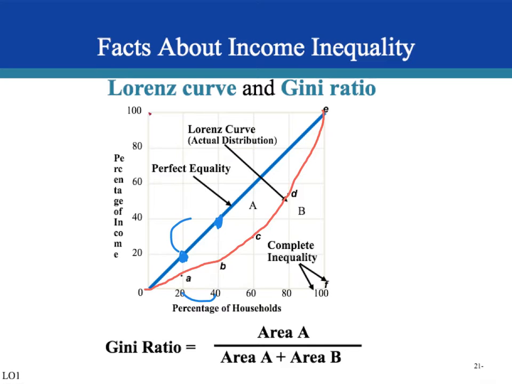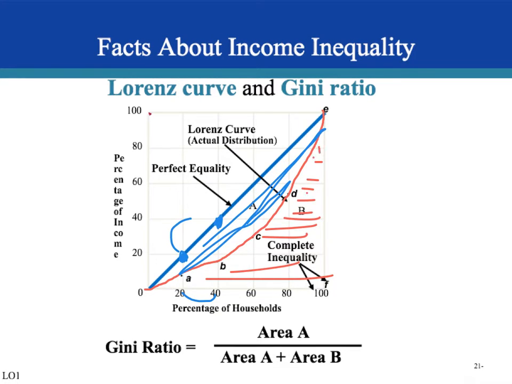And so the Gini ratio would be area A, which is this area here, divided by area A plus area B. Okay, and area B is this area here. The lower the Gini ratio is, the more income equality there is, and the higher the Gini ratio is, the more income inequality there is.